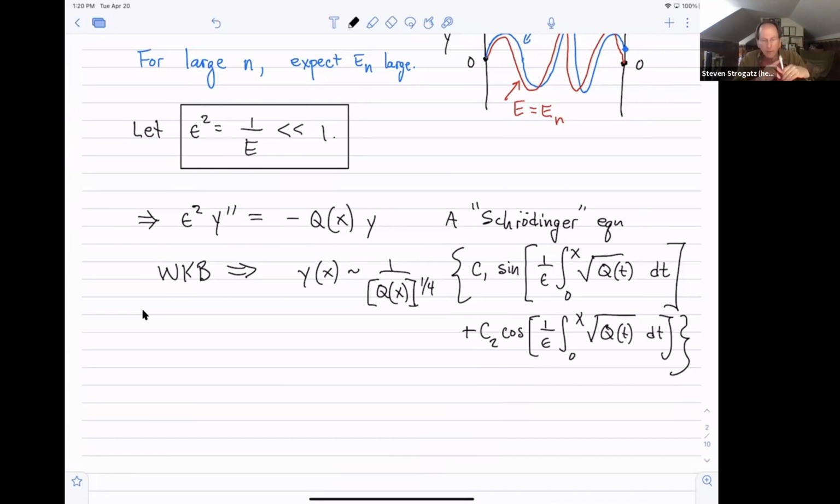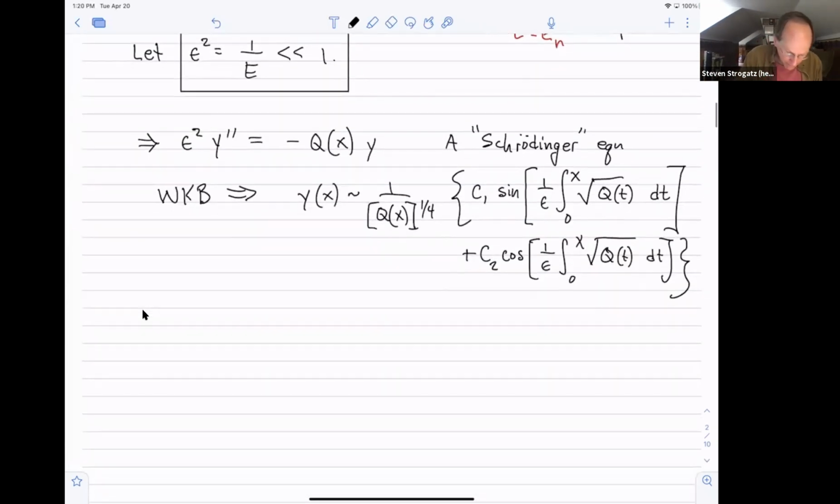And we can use that to now start gaining information about eigenvalues, because if we take that as a form of the solution for these waves, then we can now impose the boundary conditions on it. So when y of 0 is 0 as one condition, what does that tell us? Well, I have to plug in an upper limit x equals 0.